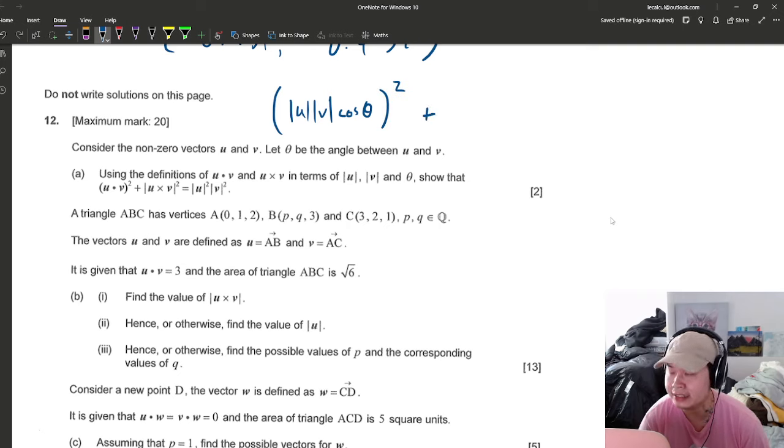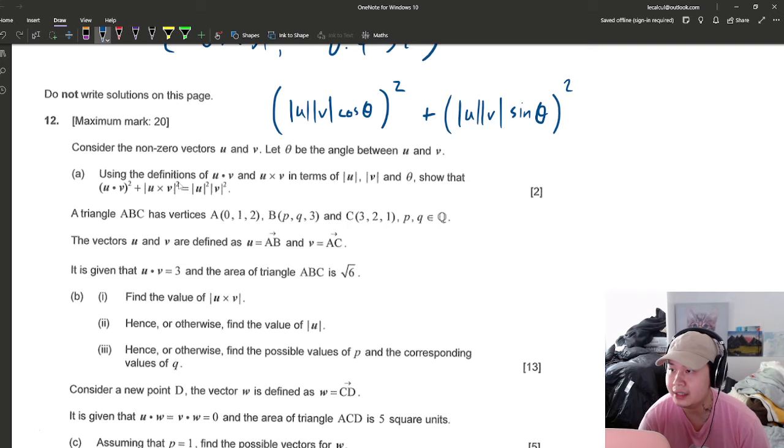We're going to add the magnitude of u cross v squared. Again, in your formula booklet, the magnitude of u cross v is calculated in this way.